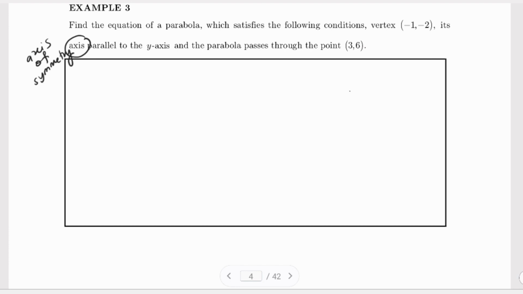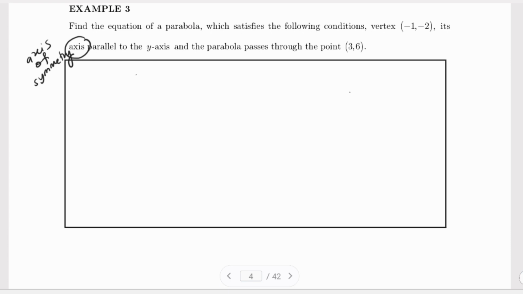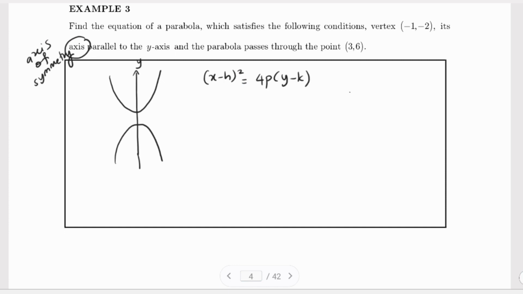Okay, since the axis of symmetry is parallel to the y-axis, so this is the y-axis. So the only shape that can occur is open upward and downward. Alright, so the formula will be (x minus h) squared equals 4p (y minus k). That's how you decide which formula to use.